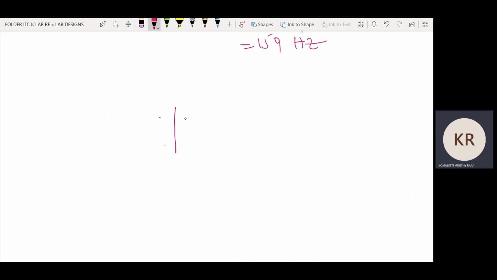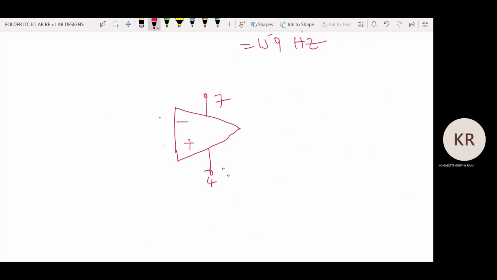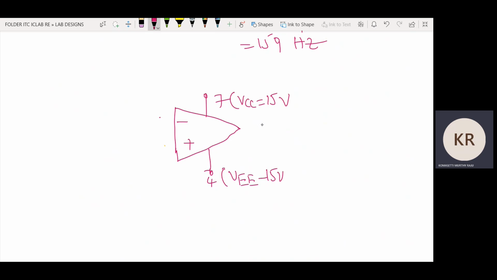This is the 741 op amp, pin 4. VEE is equal to minus 15 volts. Here VCC is equal to plus 15 volts. The sixth pin is the output pin, that is VO.